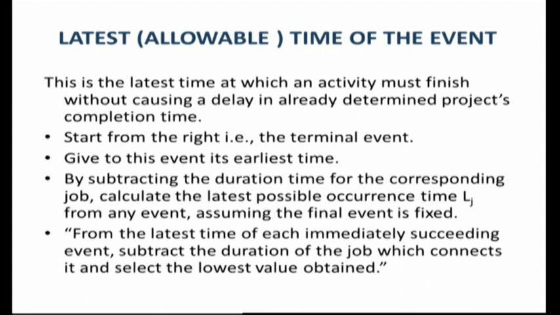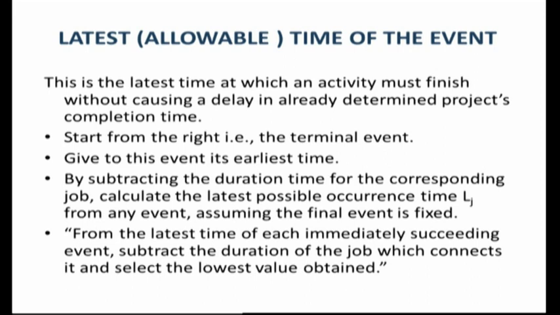The latest or the allowable time of the event is the latest time at which an activity must finish without causing a delay in the already determined project's completion time. Mathematically, we start from the right-hand side, that is the terminal event or the end node of the network.